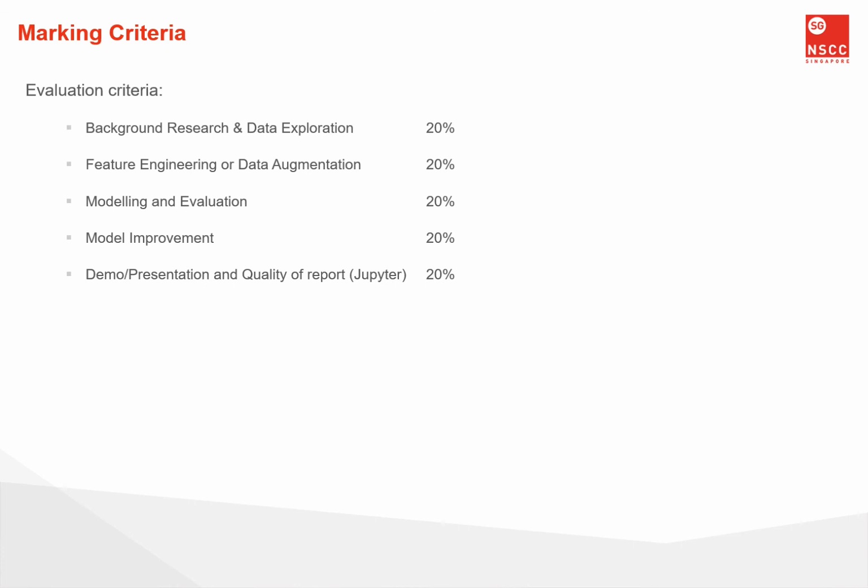So we want to see how you try to improve the model beyond the baseline model that you have. And lastly, your presentation of your report will be the last component. How do you communicate your results to your users?